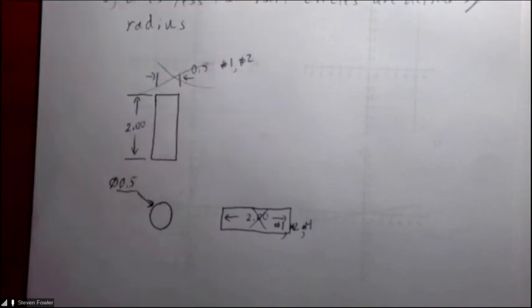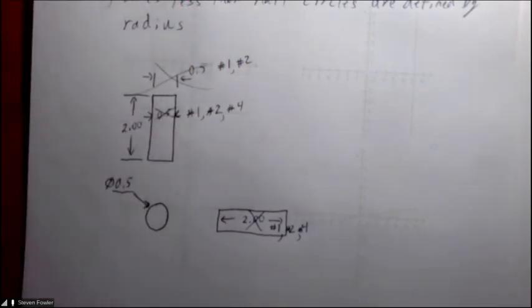So you've broken rule number 1 and rule number 2. Likewise, you're going to put it in here, 0.5. That's number 1, number 2, and number 4. You've broken all of those, and don't define it by radius. That breaks another rule.